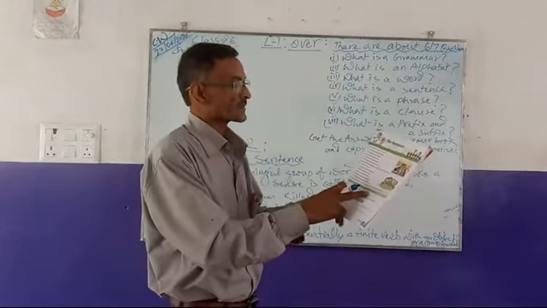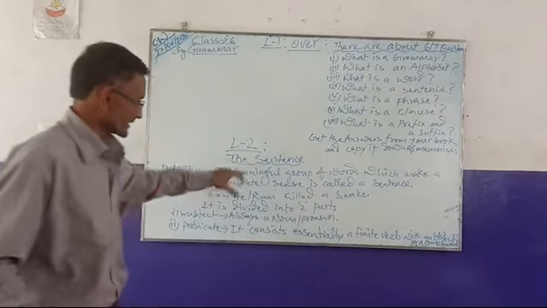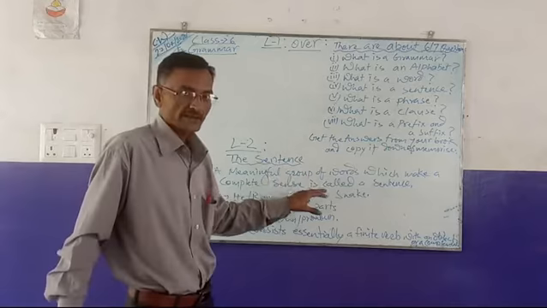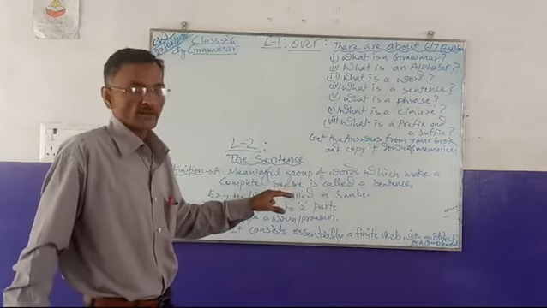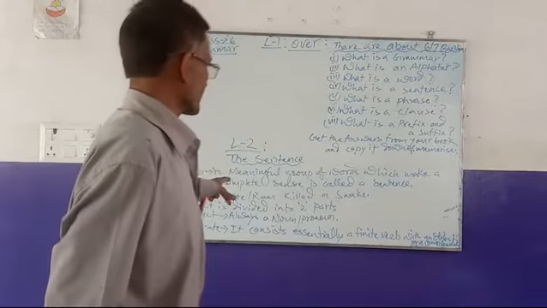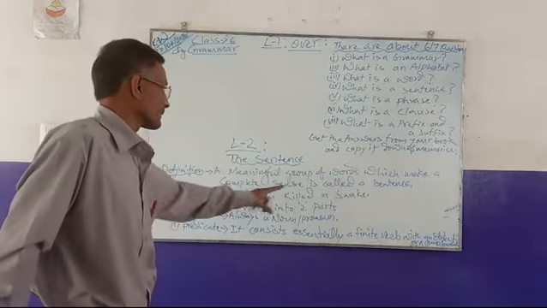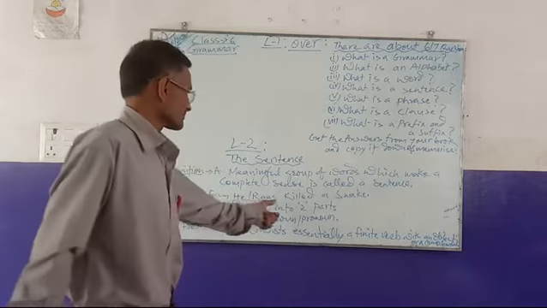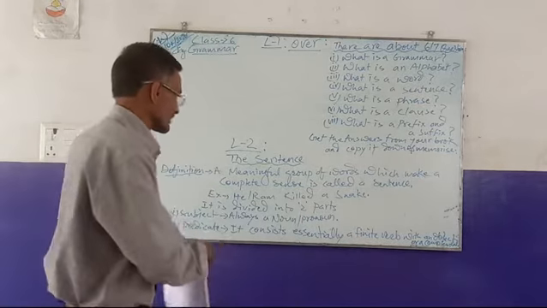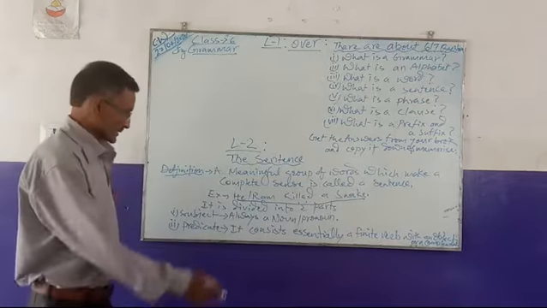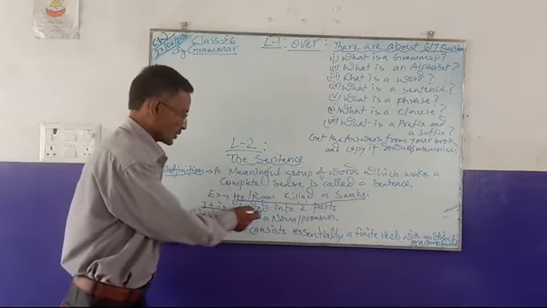A group of words that makes a complete sense is called a sentence. Here you find the definition written for a sentence, so you must understand it. If anyone asks you what is a sentence, you should answer: a meaningful group of words which makes a complete sense is called a sentence. And this example is also there: Ram killed a snake. It is divided into 2 parts.